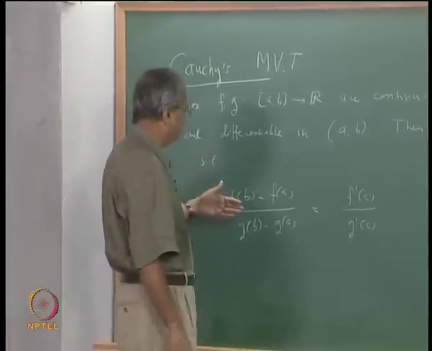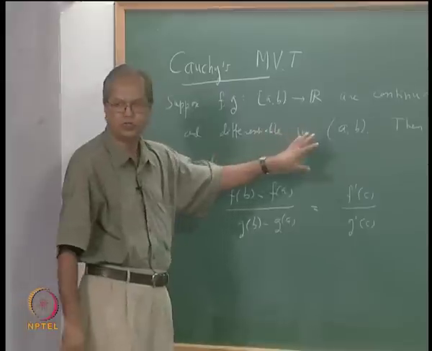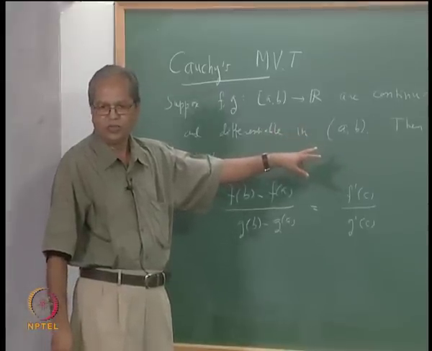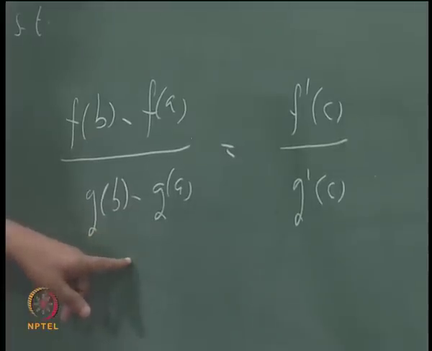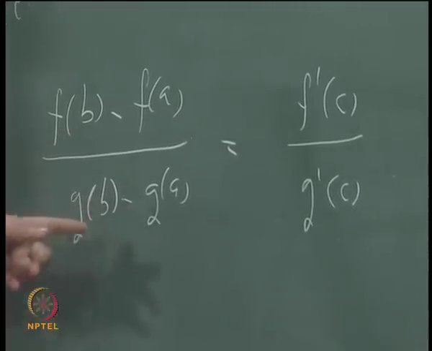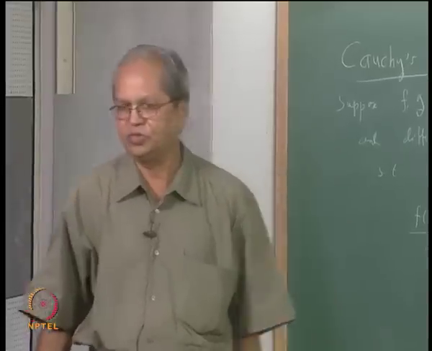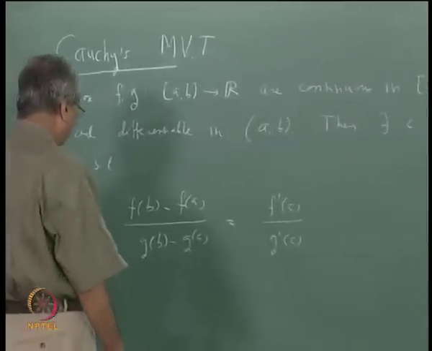There are two ways of avoiding it. One can right in the beginning assume that g prime x is not 0 anywhere in (a, b). If g prime x is not 0, is it clear that g(b) minus g(a) also cannot be 0? That follows from Rolle's theorem, because if g(b) were equal to g(a), then at some point g prime x would become 0.